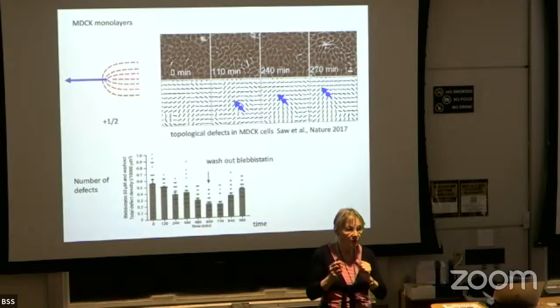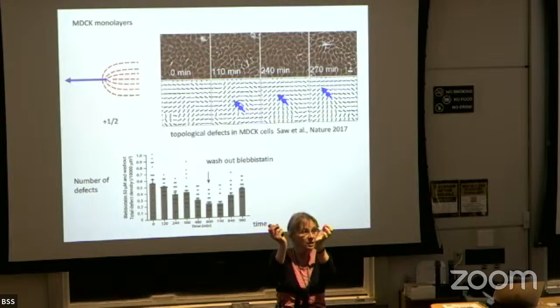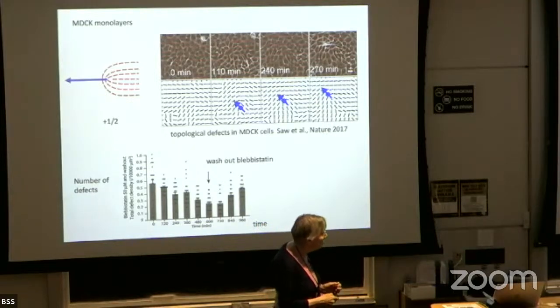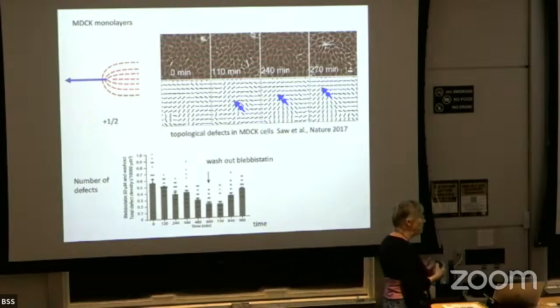So the defects move towards each other and join each other in pairs and annihilate, and the number of defects goes down. And then if you wash out the blebbistatin, the cells wake up again, and the number of defects goes up again. It becomes active again. So I think this really is quite nice experimental evidence that these things are active.